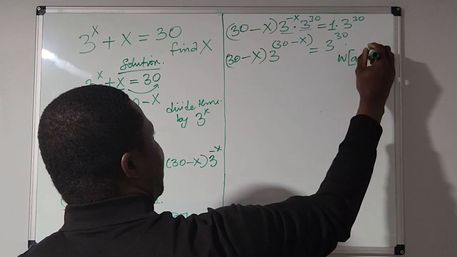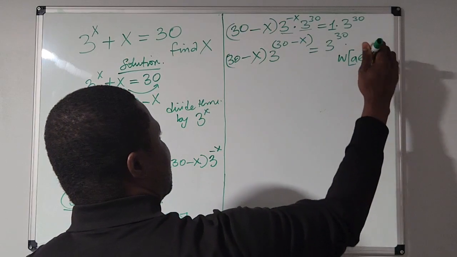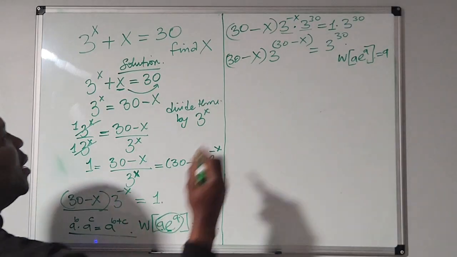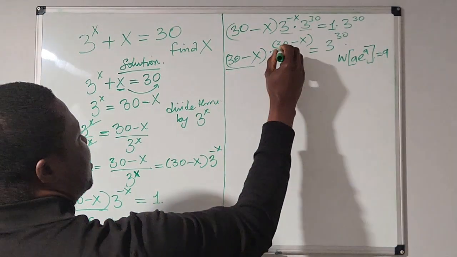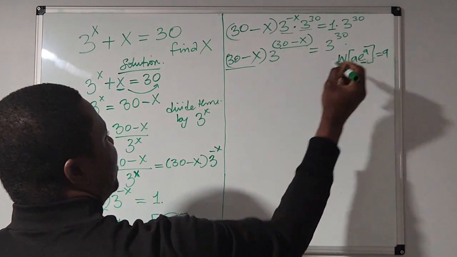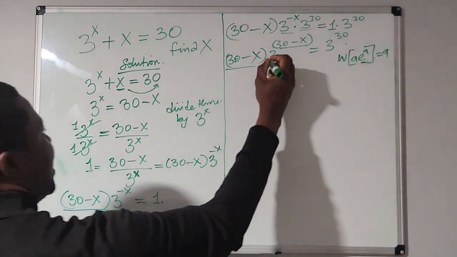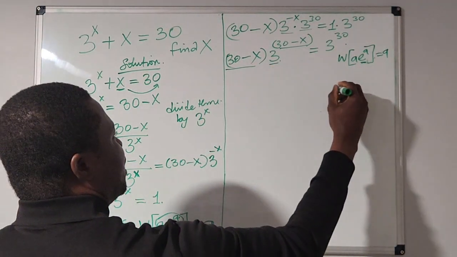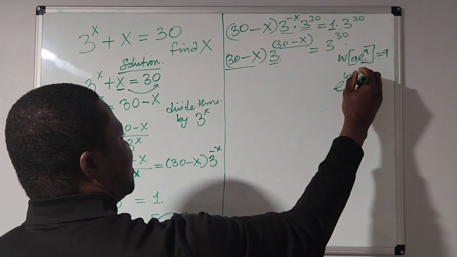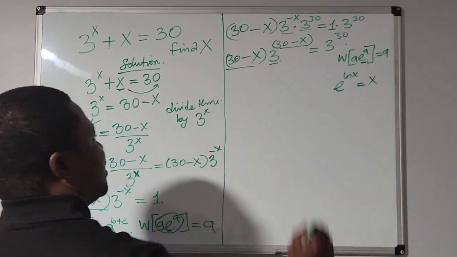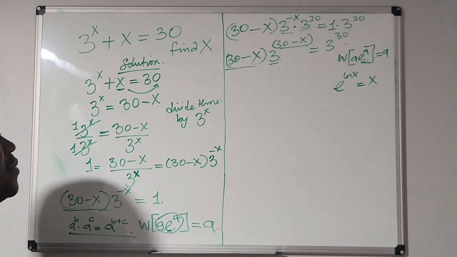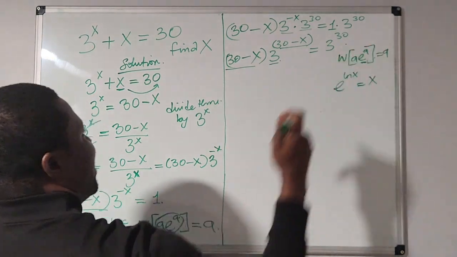We want a e raised to power a equals a. Now we have our a's, but we don't have the e. Instead, we have 3. But we know that e raised to power ln of x is x, because we're trying to introduce e in here so that we have this format.